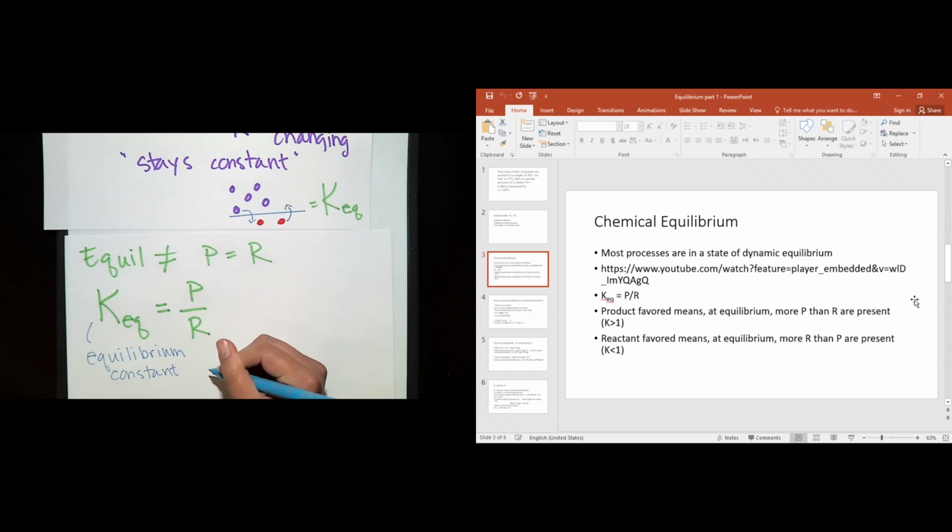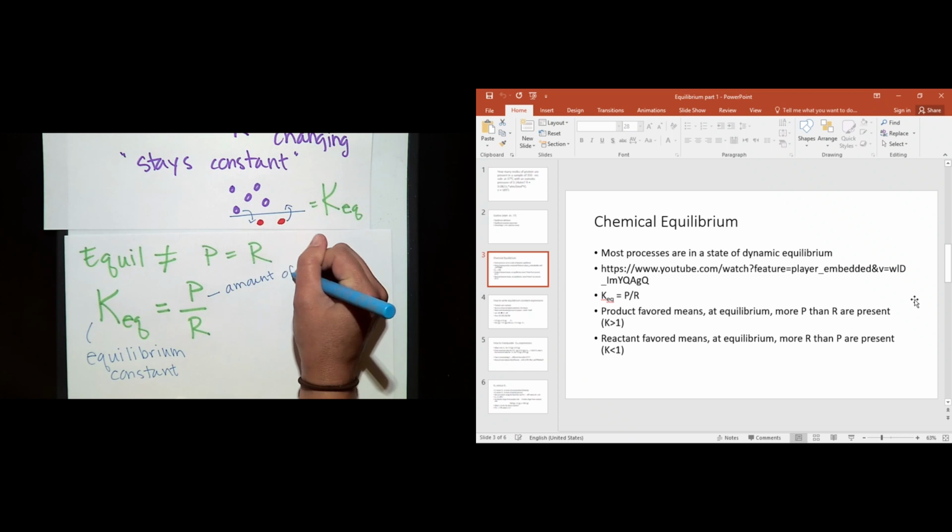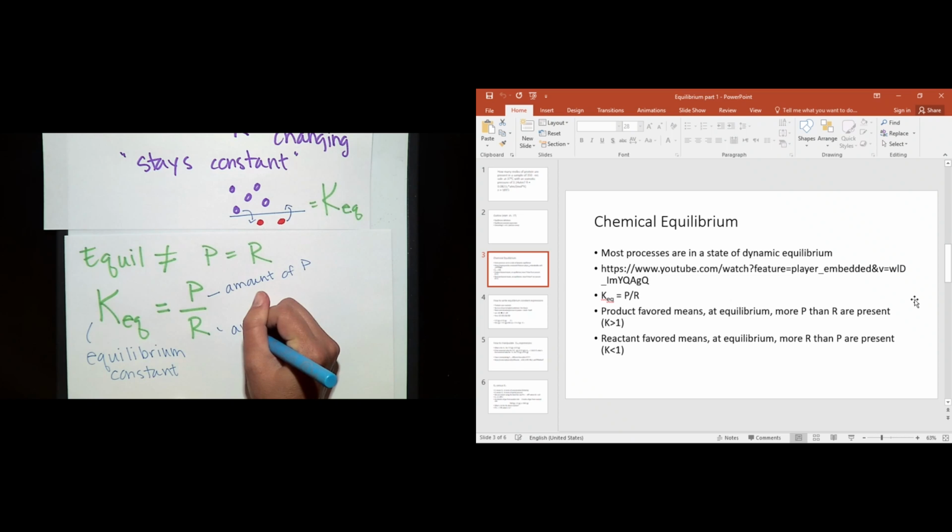It doesn't change unless you change the temperature. It doesn't change. That's why we call it a constant. This is, let's say just generally, the amount of product. And this is just generally the amount of reactant.